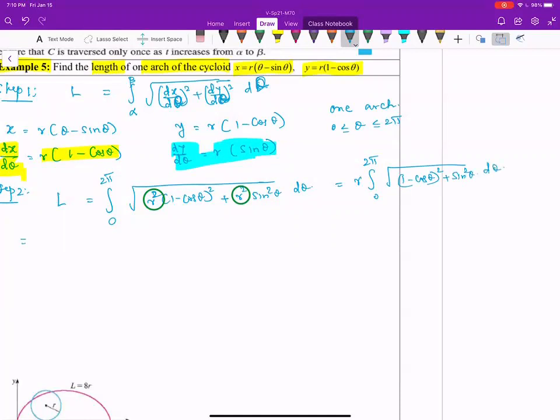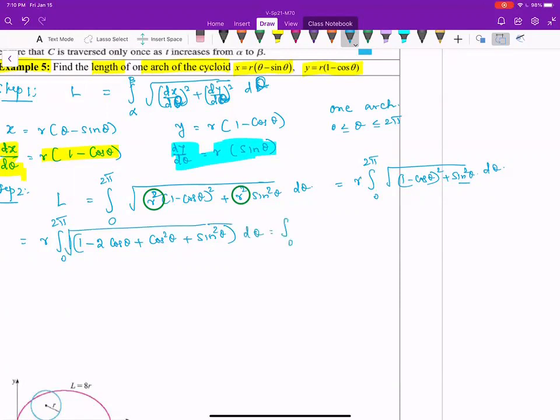So we have to reduce that. It's r outside, integral 0 to 2 pi. Then expand this (1 minus cosine theta) the whole square. This is 1 minus 2 cosine theta plus cosine squared theta. Then you have sine squared theta, everything within the radical, d theta.